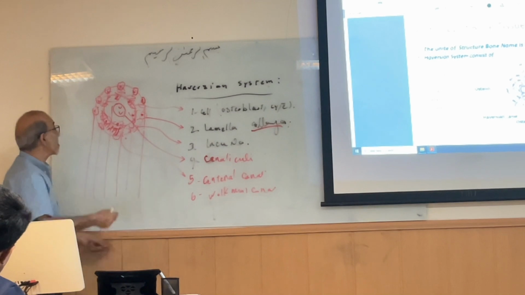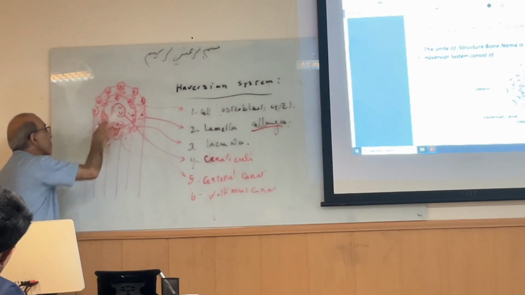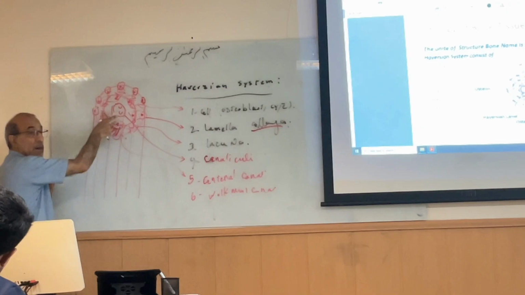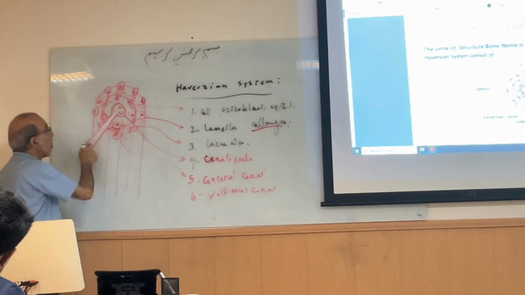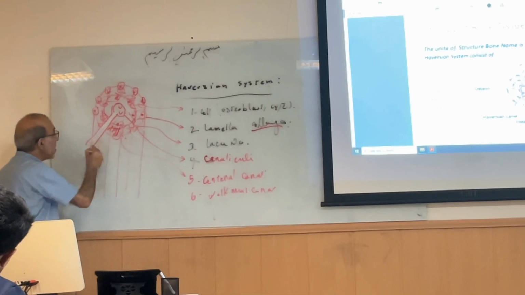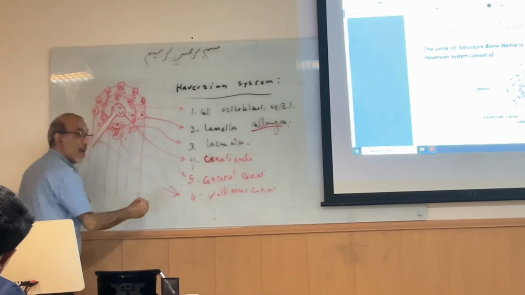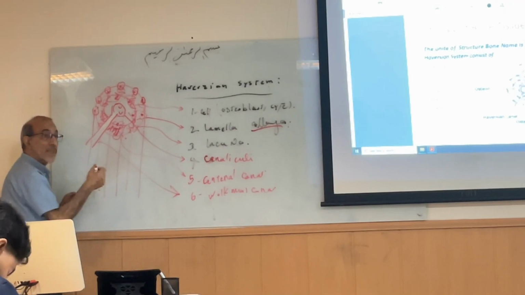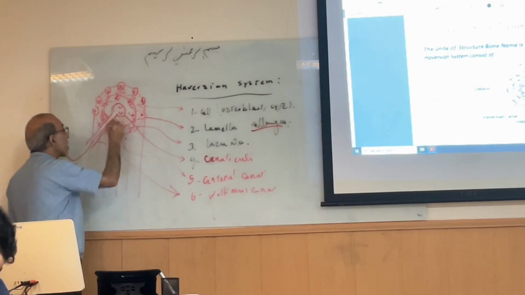This is Volkmann's canal. A vertical canal goes to the central canal. What is its name? Volkmann's canal. Volkmann's canal continues to the central canal.